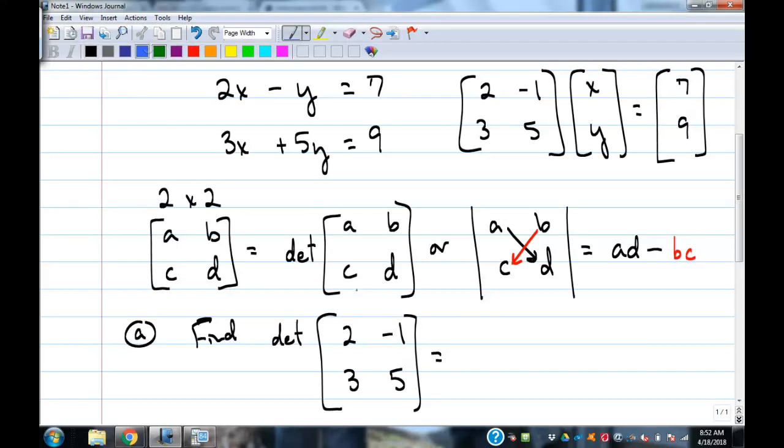We'd say 2 times 5 minus -1 times 3. That'd be 10 plus 3, right? Which is 13. What that tells us is for that system of equations, we can find answers. May not be one answer, maybe infinitely many solutions, but it's got answers. That's what that tells us.